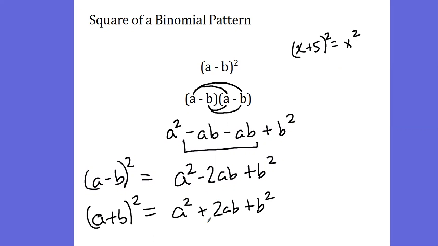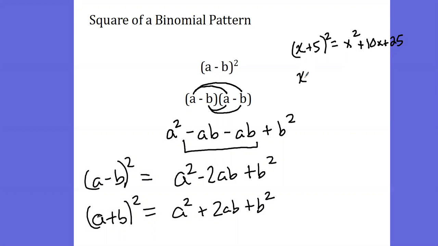Now the middle is kind of the trickiest part. You've got to take a times b, so you multiply these together and then double it. x times 5 is 5x, double it, that's 10x. So this will be x squared plus 10x, and then the last part, plus b squared, the 5 squared would be 25. So this would be x squared plus 10x plus 25.